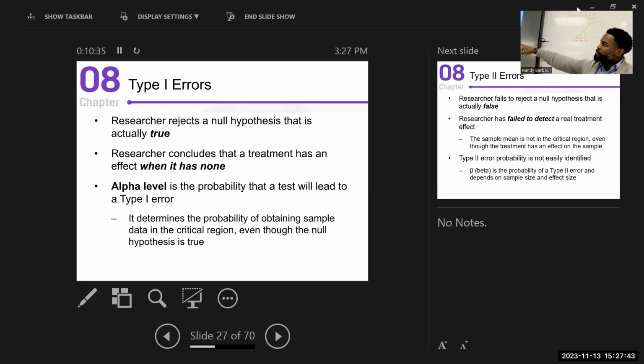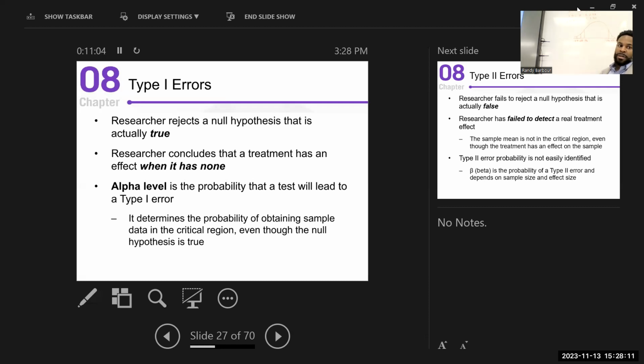The alpha level is the probability that a test will lead to a type 1 error, right? So if you set your significance level, your alpha level, at 5%, you have a 5% chance of getting a type 1 error. If you set it at 1%, you have a 1% chance of getting a type 1 error, meaning rejecting the null hypothesis when the null hypothesis is actually true.